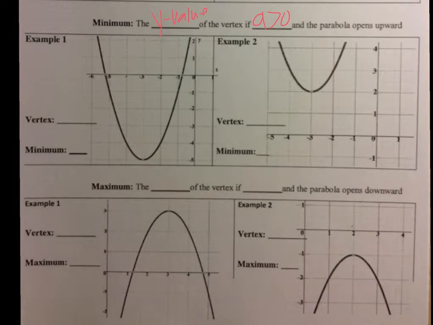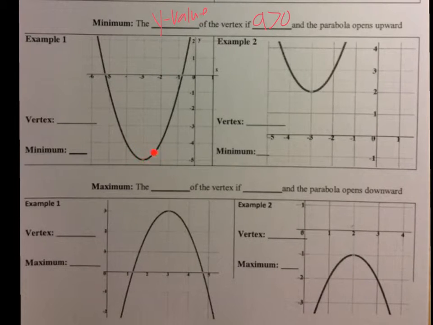So anytime it's opening upwards, you will always have a minimum value, because when it opens upwards, the smallest point will be on the bottom of the parabola.